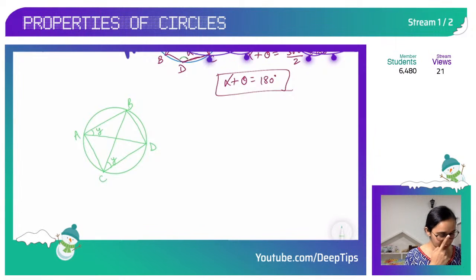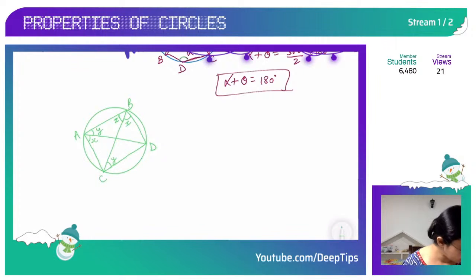Now let's try to find more angles which are in the same segment and label them. If I mark this part as X, angle CAD, which angle is equal to angle CAD using angles in the same segment are equal? Yes, angle CBD. This is also X. Now let's mark this angle Z, angle ABC.